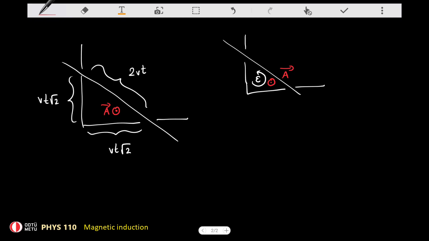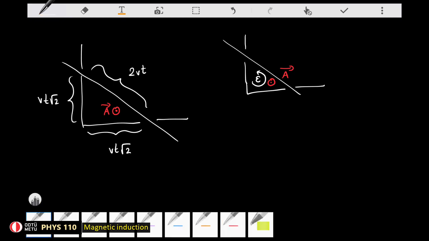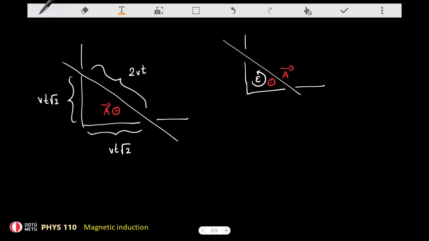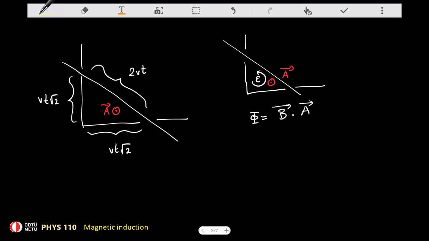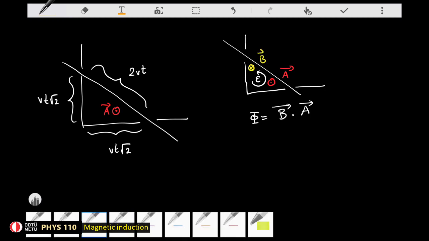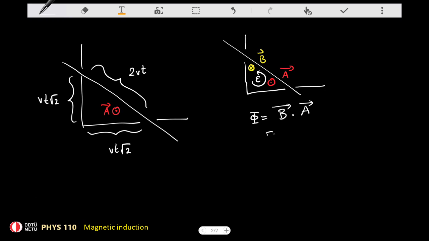Just keep in mind that these are my choice. You can choose them in the opposite direction. It doesn't matter. So the magnetic flux is the dot product between the magnetic field and the area. But let's remember that the magnetic field in that case is given as into the screen. So this implies that that dot product is negative.